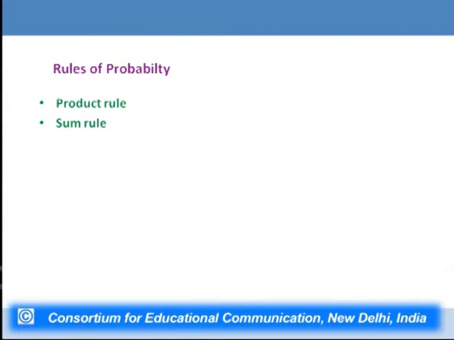Certain rules govern the calculation of probability in any genetic event or any mathematical event. Herein we are using probability for calculating the likelihood of any event in genetics. There are 2 particular rules, namely the product rule and the sum rule.